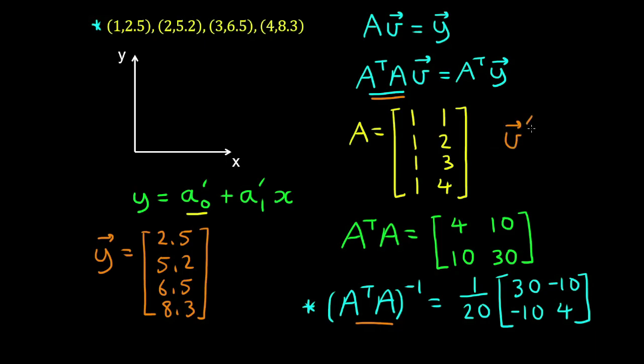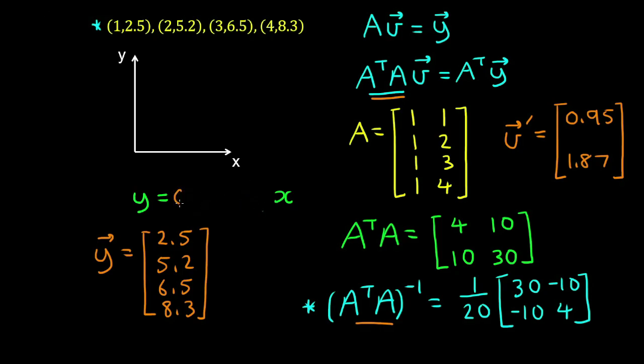And we'll call this v dash because it's the least squares solution. So that would give you 0.95 and 1.87. So that's the equation of our regression line. So we have 0.95 plus 1.87x.